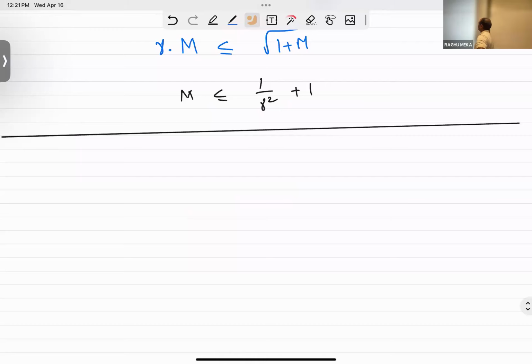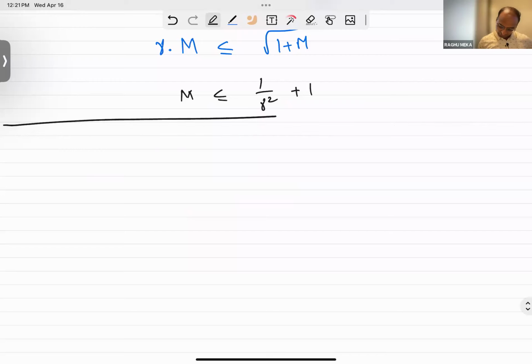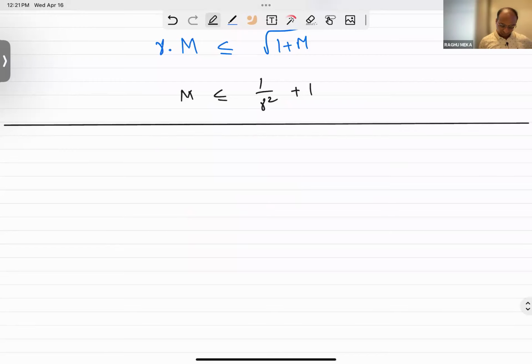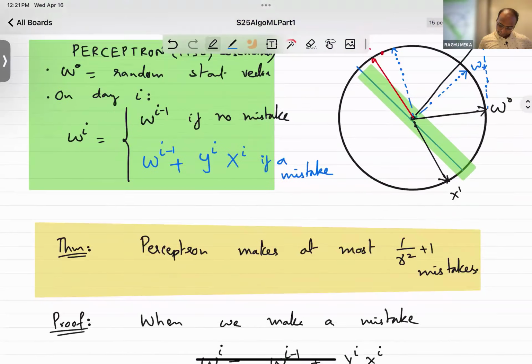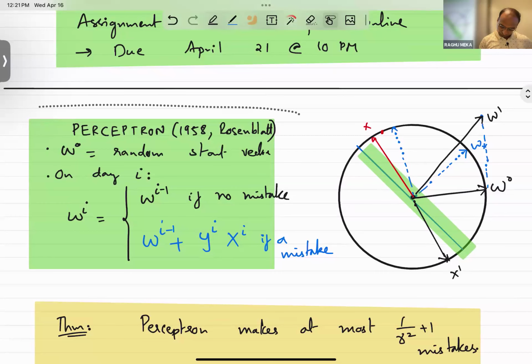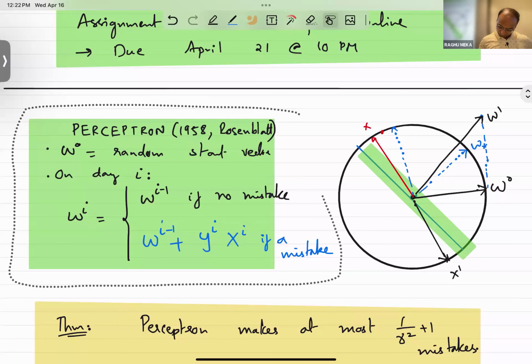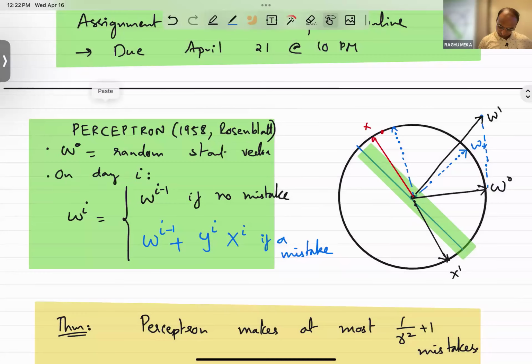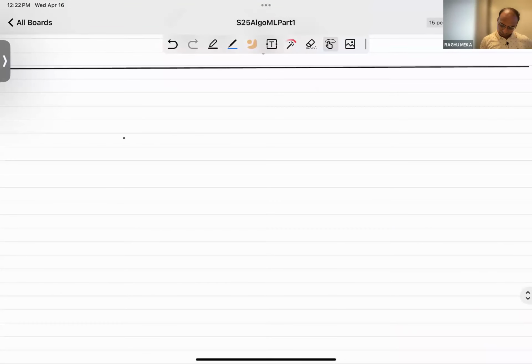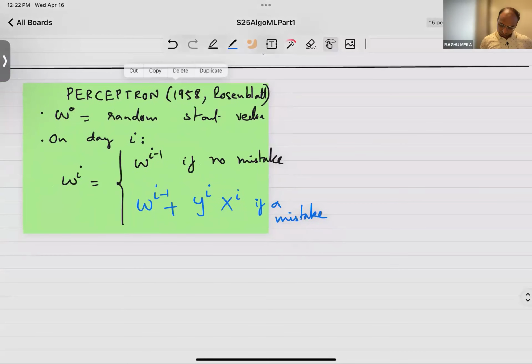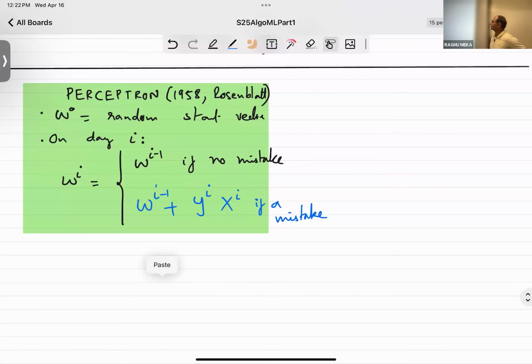So one thing that I do want to mention is that this perceptron is actually an online algorithm. So let's recall what the algorithm was. Okay, so this is the algorithm.